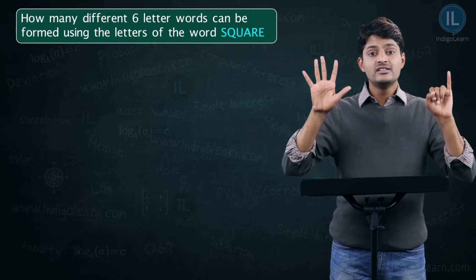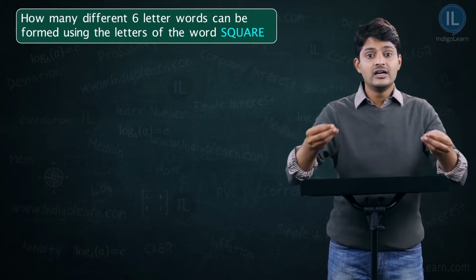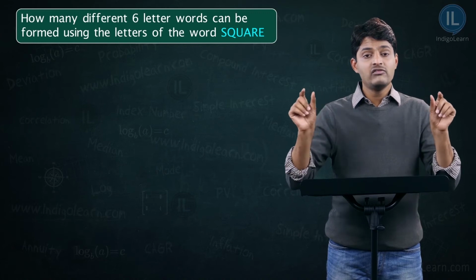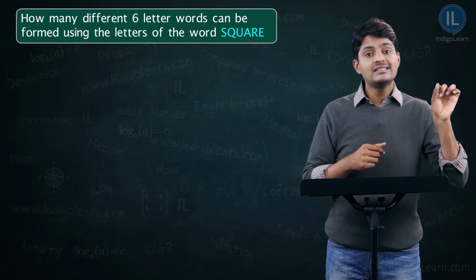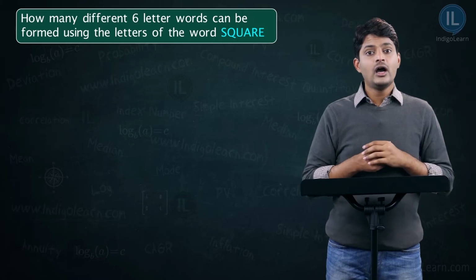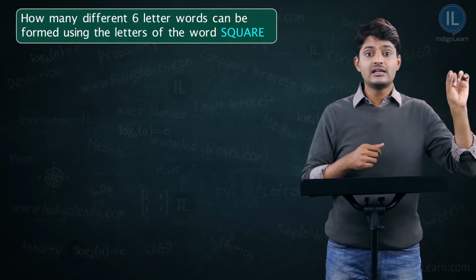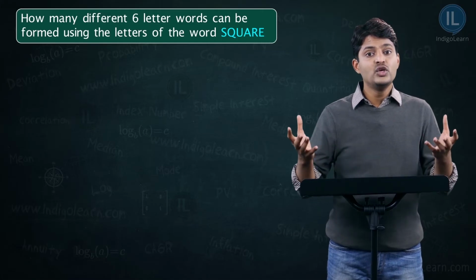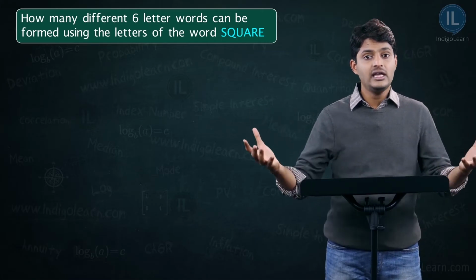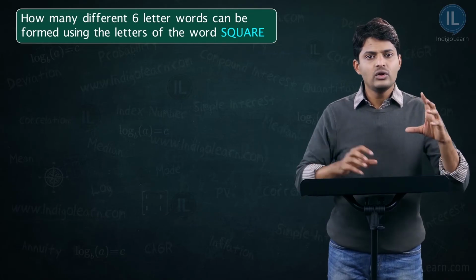So let us say I have 6 different letters. You see, none of the alphabets are repeating. Now I will refine my question and say, how many different 6-letter words can be formed using SQUARE?